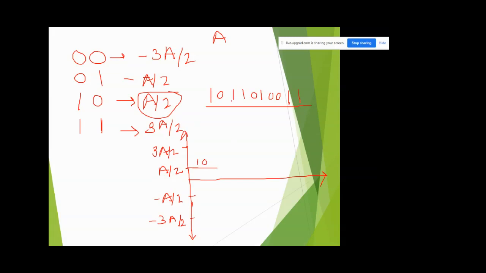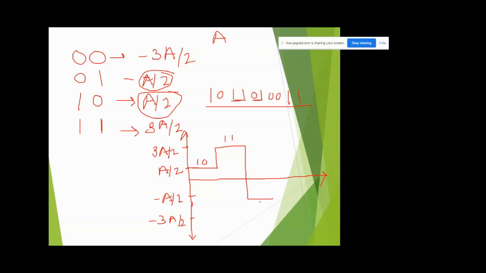The next two bits are 1 1, and for 1 1 it is 3A by 2. The next bits are 0 1, and for 0 1 the voltage level is minus A by 2.